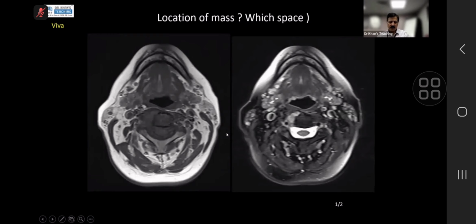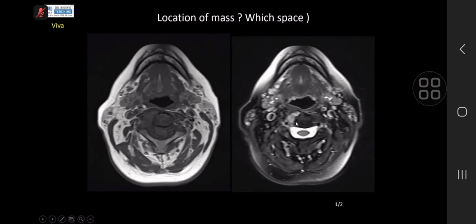If you see here, I've given you an MR, and this is a real life exam scenario where this patient had an MR neck, and this is a T1 weighted sequence. This is a STIR sequence. There is something sitting here. Which space is it? This is the question.